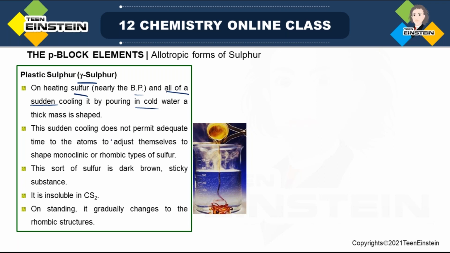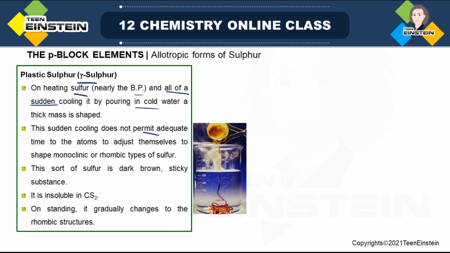Now this sudden cooling does not give the chance to form the crystal. So that is why it does not have a crystalline structure. Now we will have an amorphous structure. You are cooling it very quickly, so there is not enough time for the atoms to arrange themselves in a crystalline ordered arrangement.